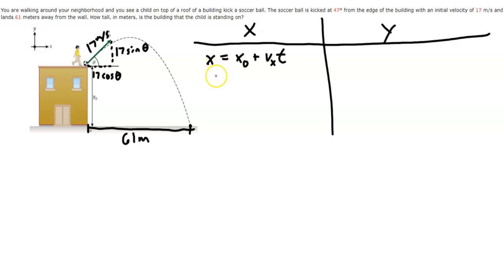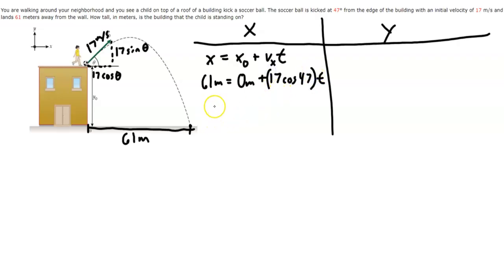And we do have all the information we need here to solve for time, because we could say the final x position is 61 meters, and the initial x position was 0 meters, which basically I didn't even need to write, and the initial x velocity was 17 cosine of 47 times the time.